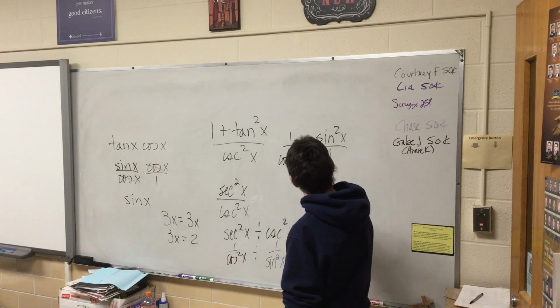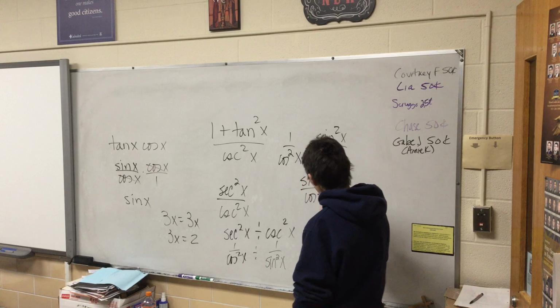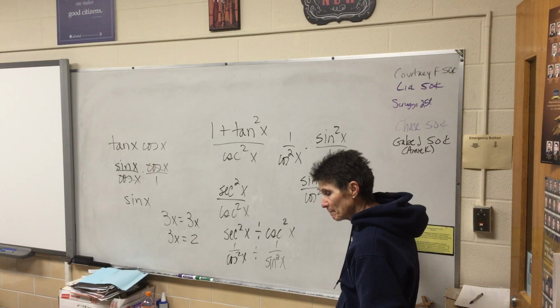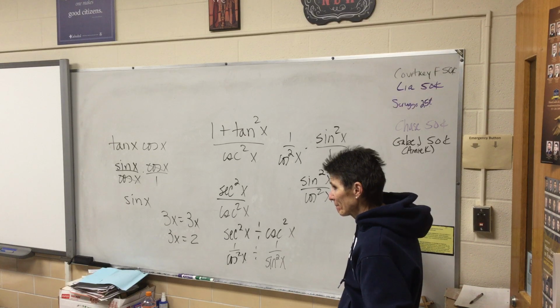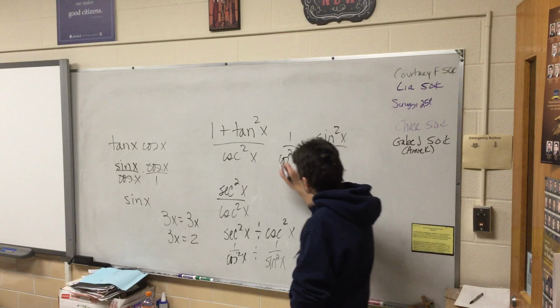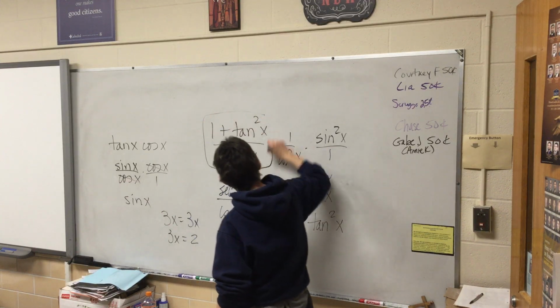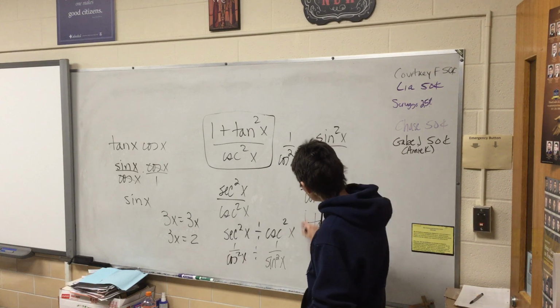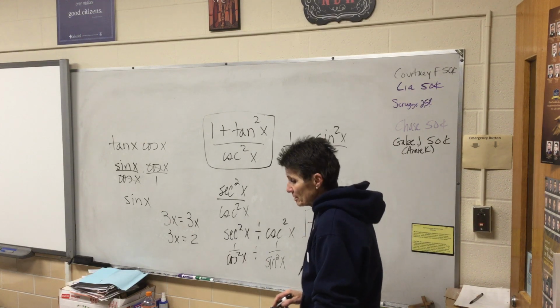Well, now I can multiply that. That gives me sine squared over cosine squared. What's that? We've already talked about that today. What's sine over cosine? Tangent. Yep, so the answer is tangent squared. So this big complicated fraction simplified down to tangent squared.